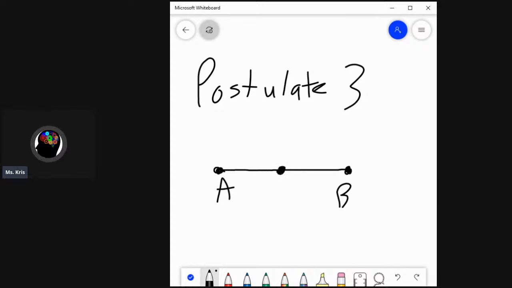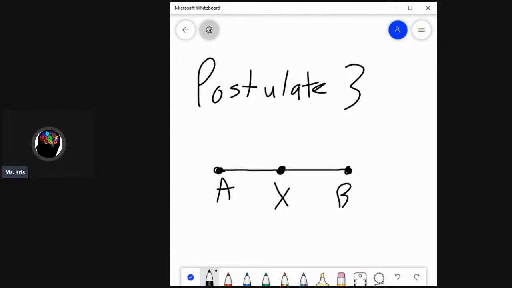It may not be exactly in the middle, but it's in the middle of point A and point B. Typically, when you have a point like that, it gives you how you can find the total measurement of your segment.